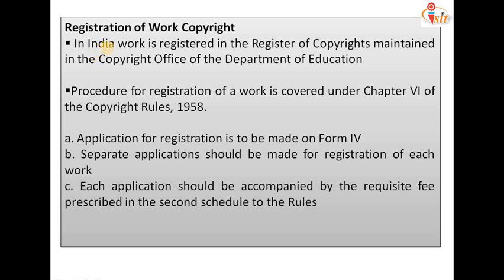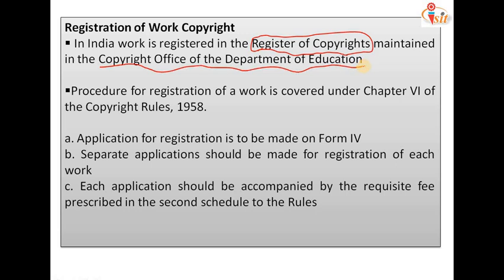In India, the work is registered in the register of copyright, which is maintained by the Copyright Office of the Department of Education.